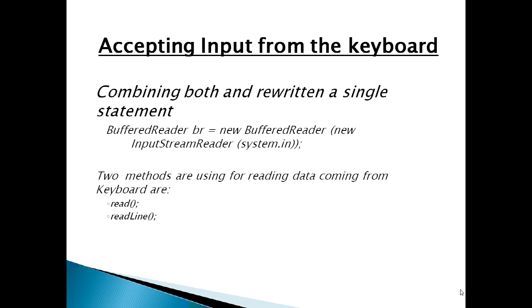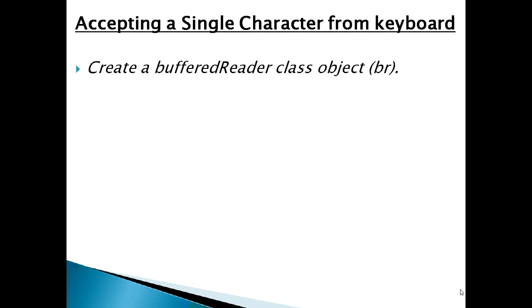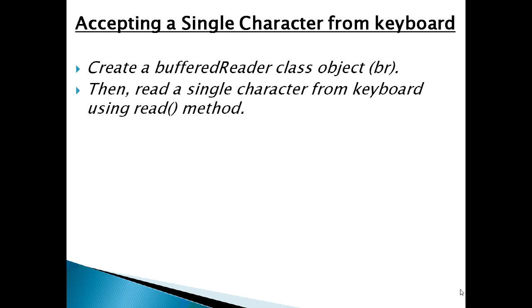Now suppose we want to accept a single character from keyboard, then how to do it? First we have to create a BufferedReader class object called br, then read a single character from keyboard using read method like this: char ch = br.read(). Here the read method reads a single character from the keyboard, but it returns its ASCII number, which is an integer.